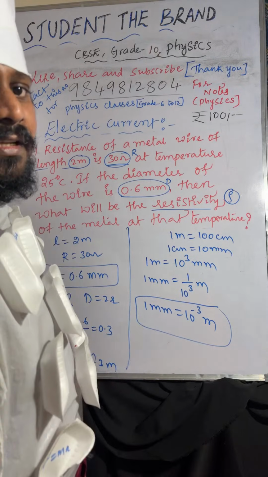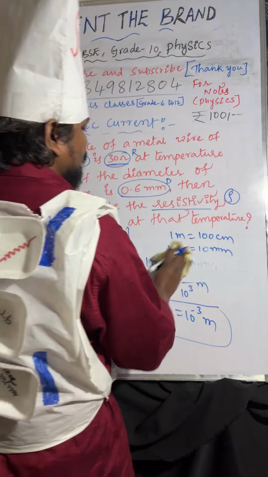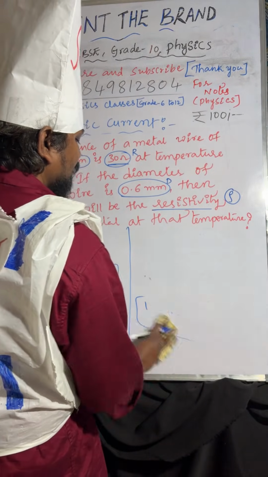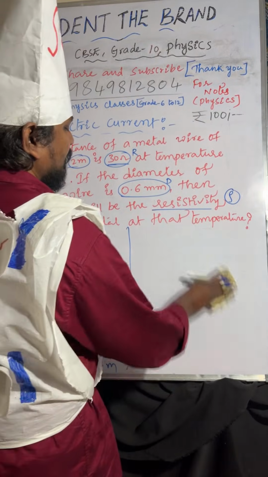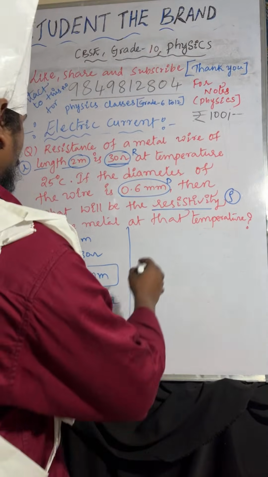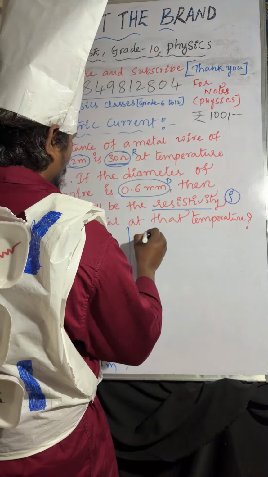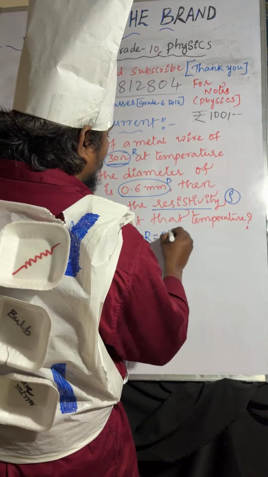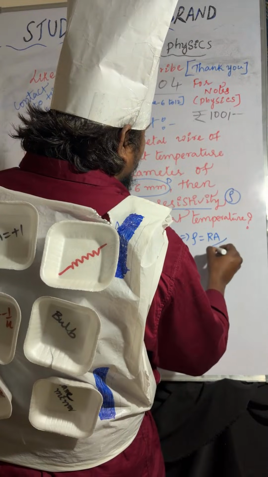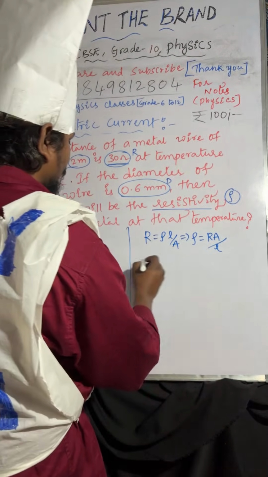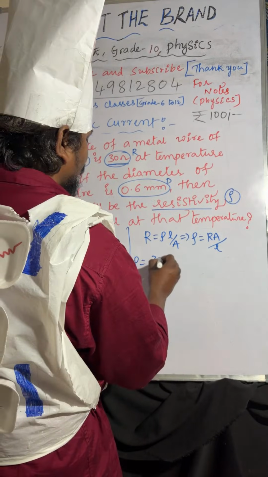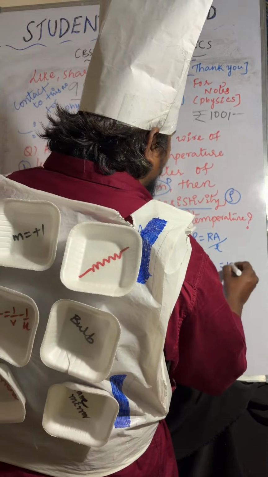Okay, so just check once. Now you can see, R equal to rho into L by A. Now rho equal to RA by L. So rho equal to R, 30, and area equal to pi r square.